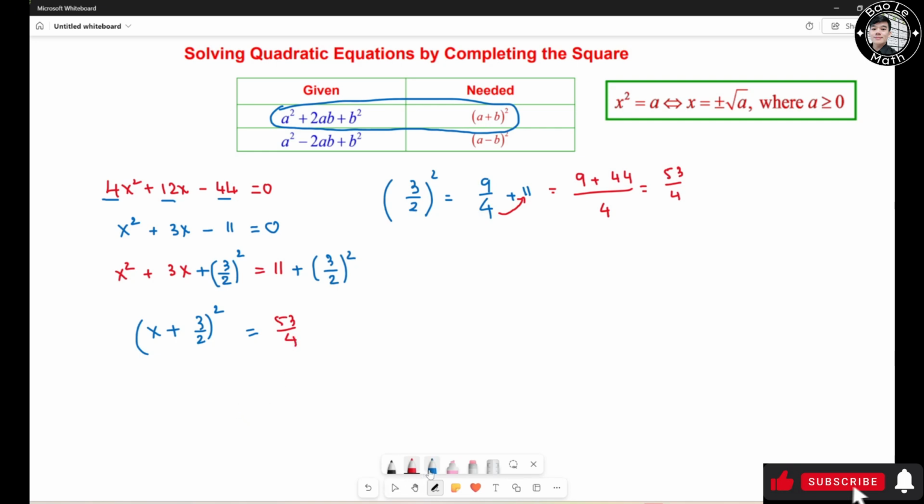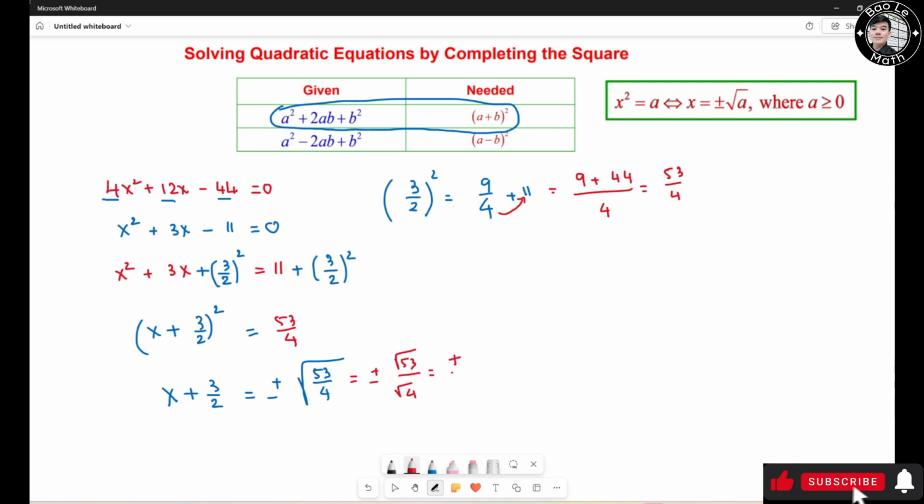Now I need to take the square root of both sides. So it turns out to be s plus 3.5 equals plus and minus the square root of 53 over 4. So this can be written as plus and minus the square root of 53 over the square root of 4. And we need to simplify.